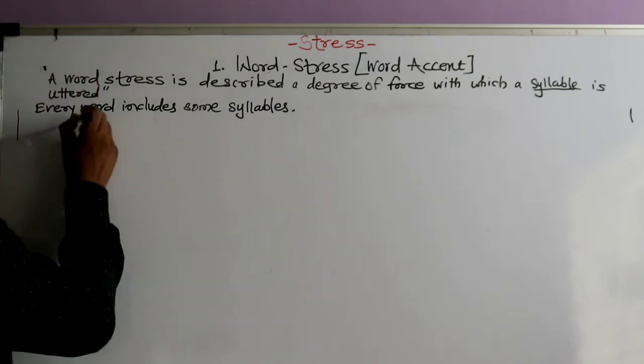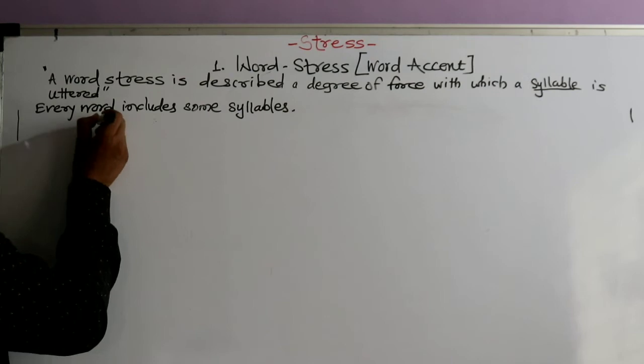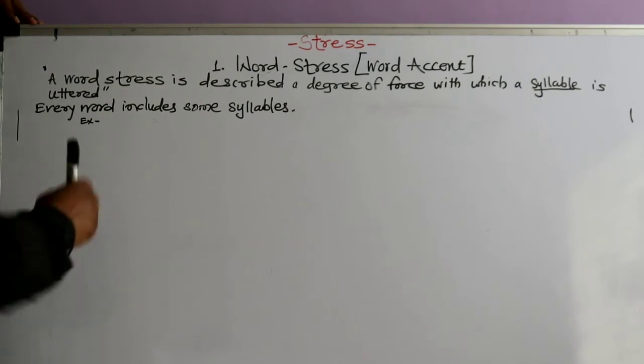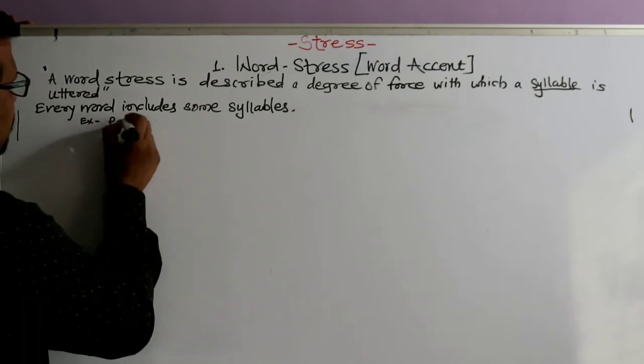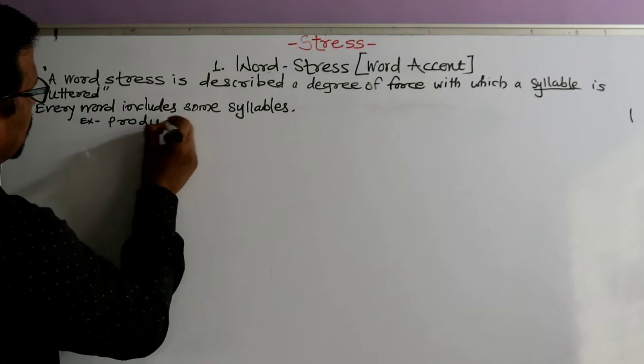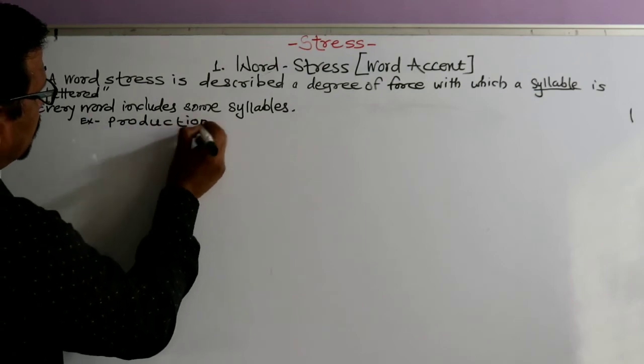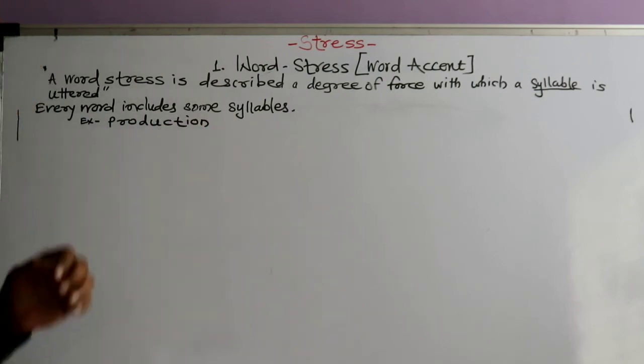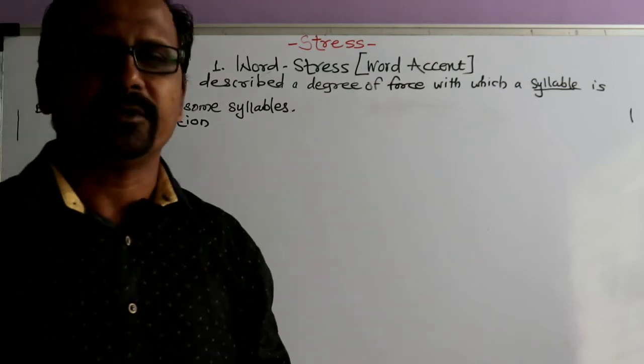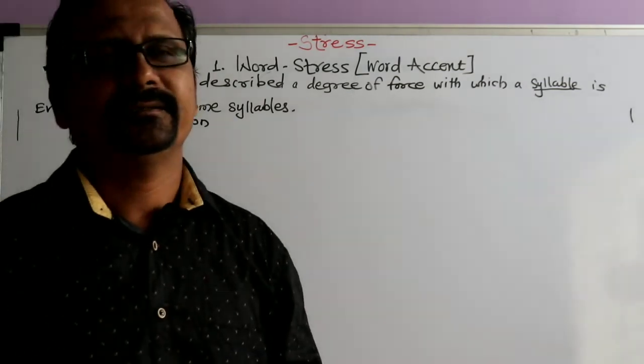For example, the word production has 3 syllables.